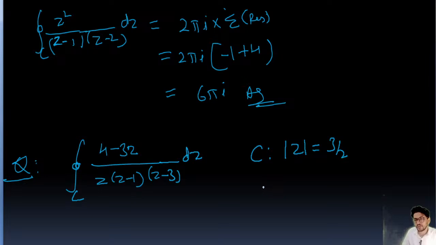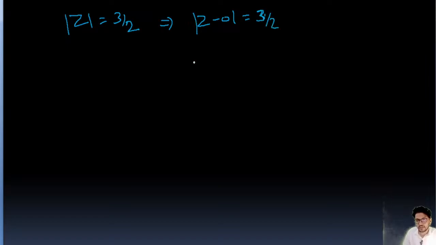So mod z equal to 3 by 2 means z minus 0 mod equal to 3 by 2, a circle whose center is at the origin and radius is 3 by 2. So we'll draw the contour first.